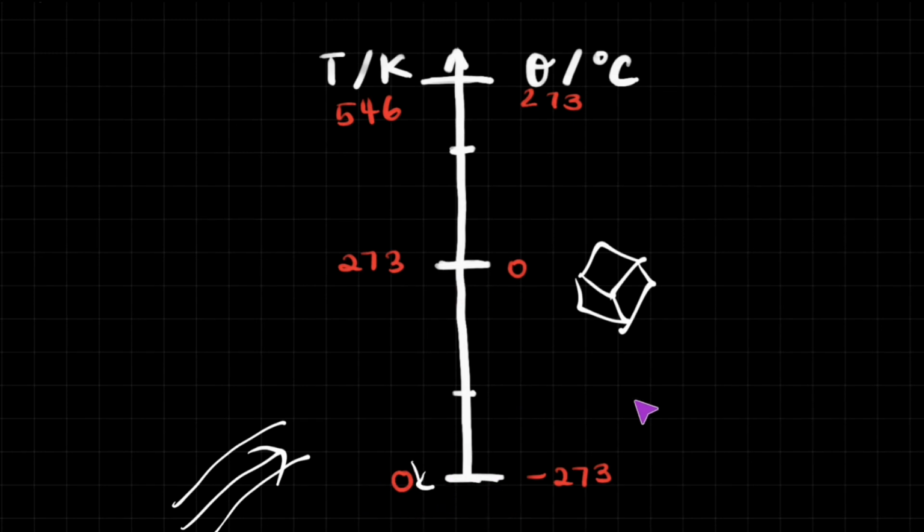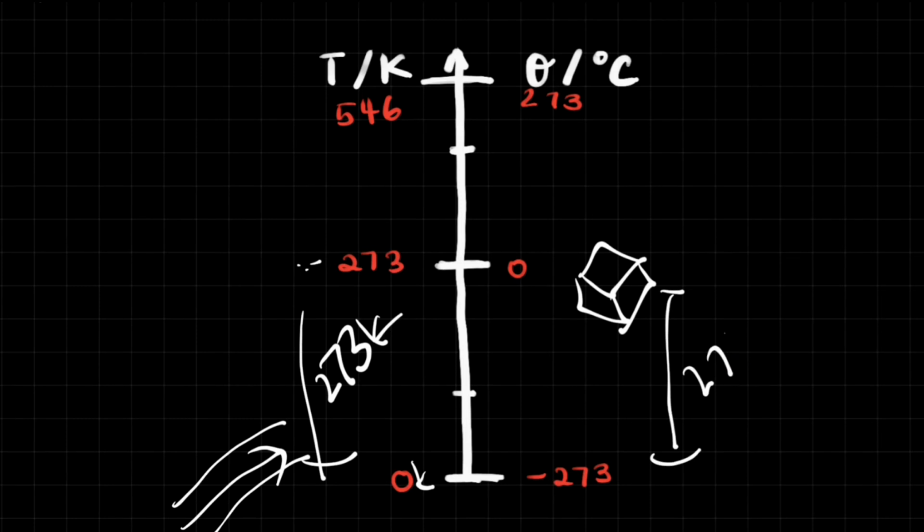Now the difference between that is going to be negative 273, that's going to be 273 kelvins. So you might have realized that the difference between these 2 points, 273 K as well as 273 degrees Celsius, is the same, which means that the divisions of the two temperature scales are equal to each other.